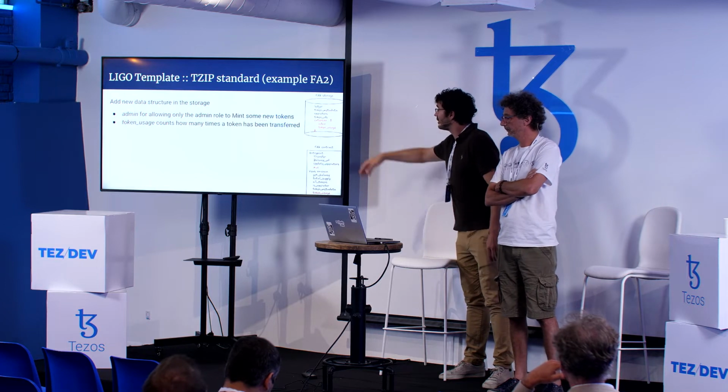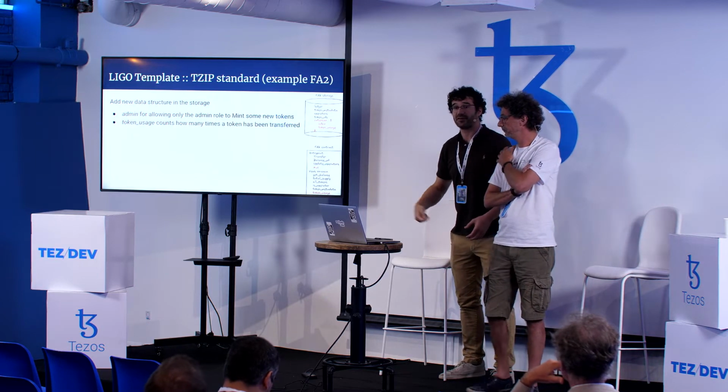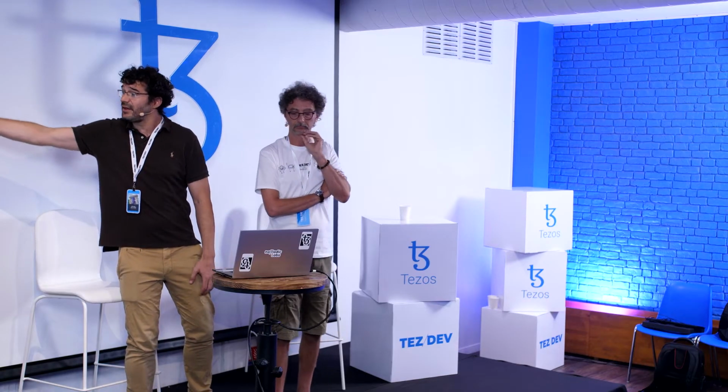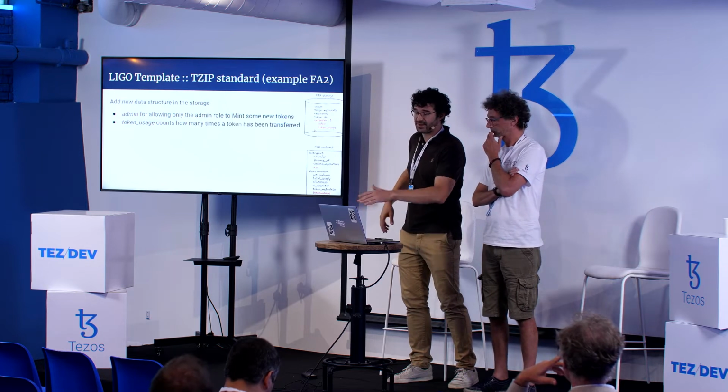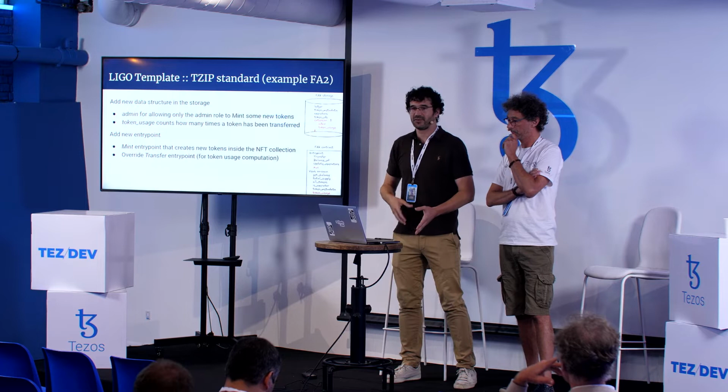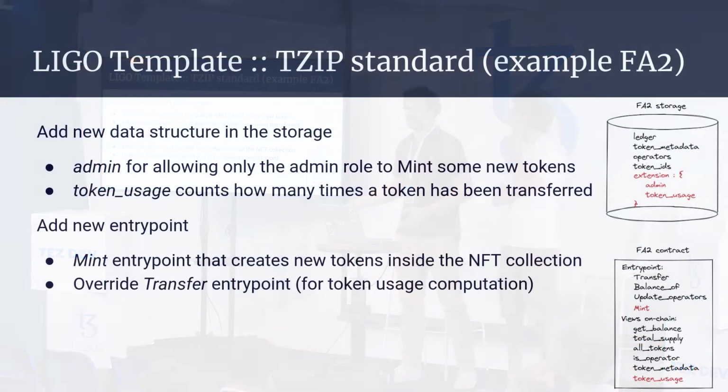Here I made a field admin, because you always need an administrator who will mint NFTs. Or, for example, if you want a new feature to count every time a token has been transferred between persons, then you can add a new field, and then you can add new entry points that will deal with this functionality.